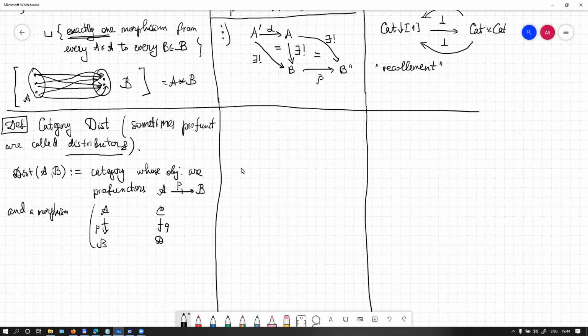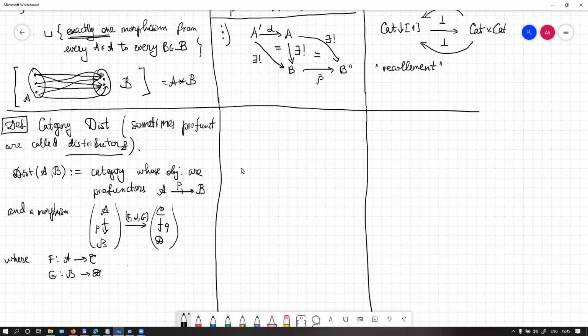And a morphism between two profunctors is given by a triple F, alpha, G, where F is a functor from A to C, G is a functor from B to D, and alpha is a natural transformation, but not arbitrary, a specific one.